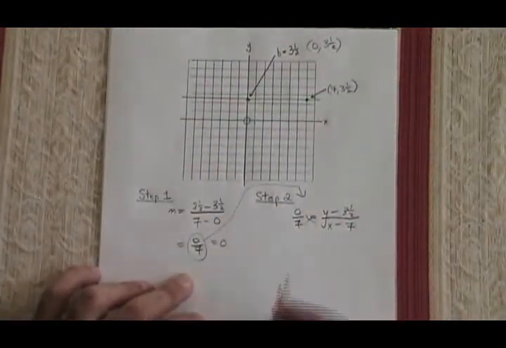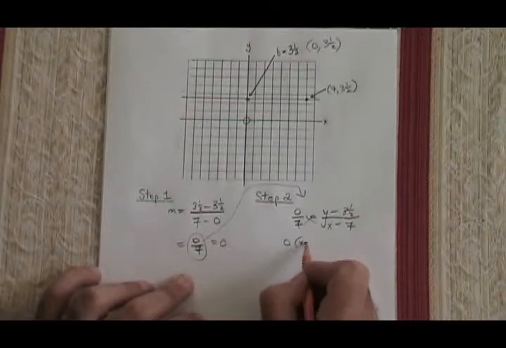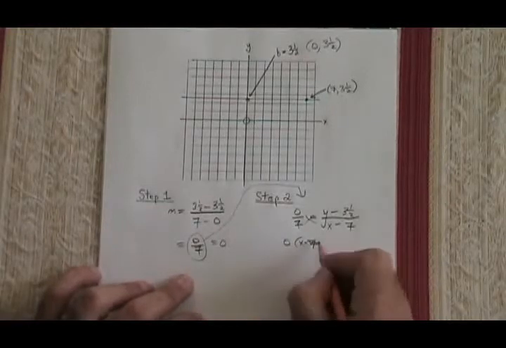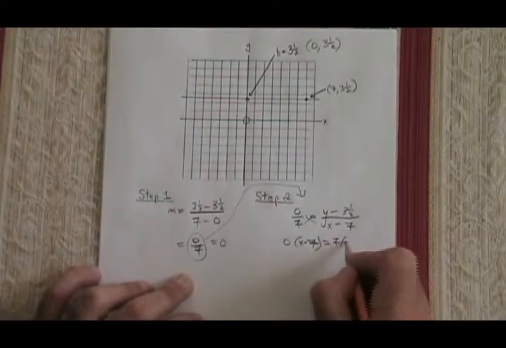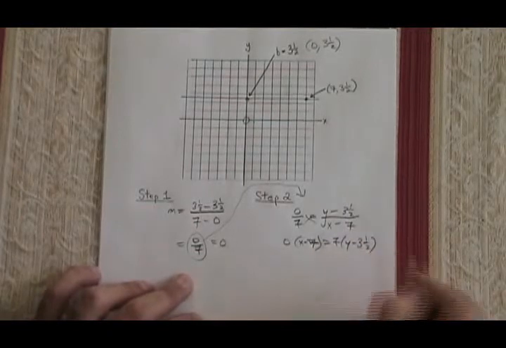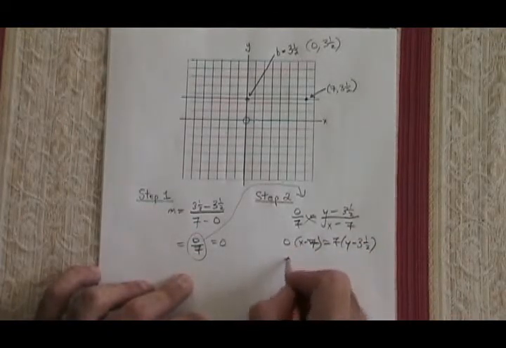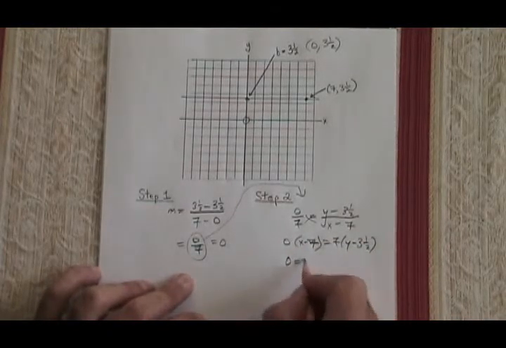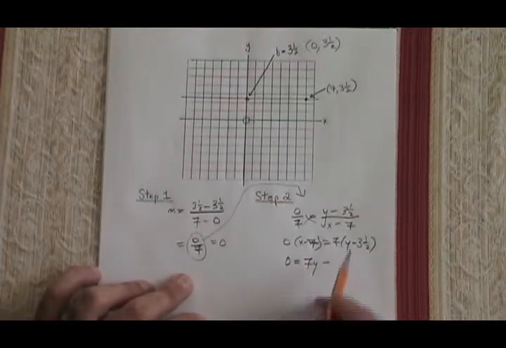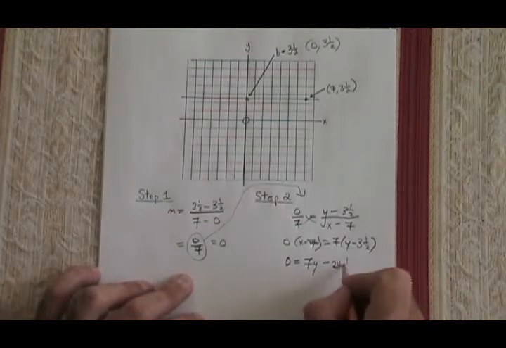Cross multiplying, I get 0 times x minus 7 equals 7 times y minus 3.5. 0 times x minus 7 is equal to 0. 7 times y is 7y. 7 times negative 3.5 is negative 24.5.